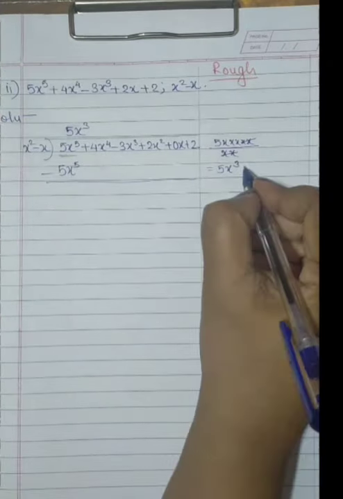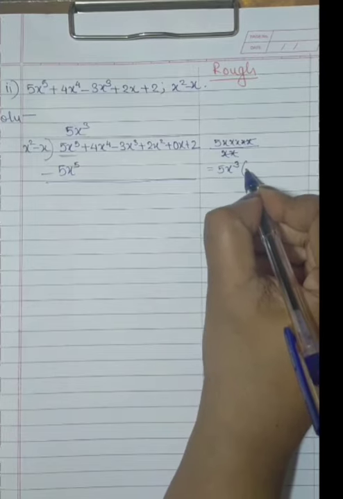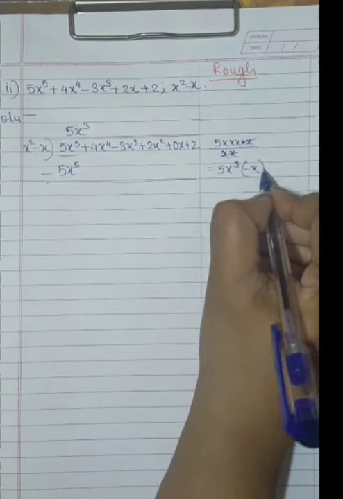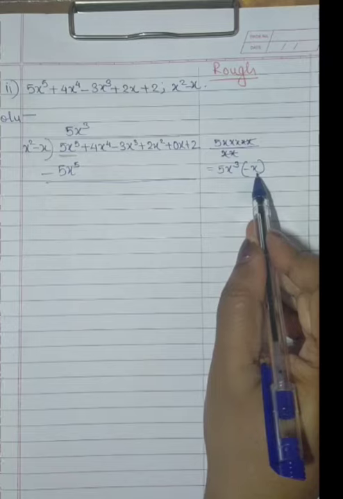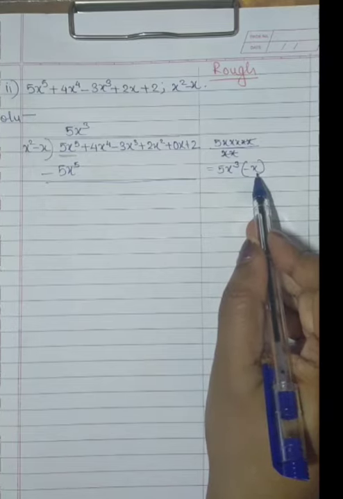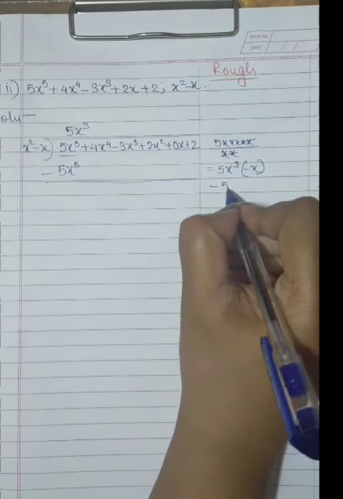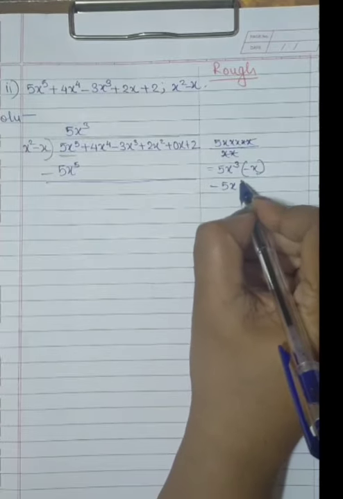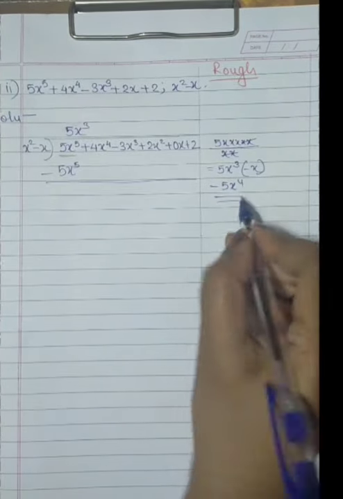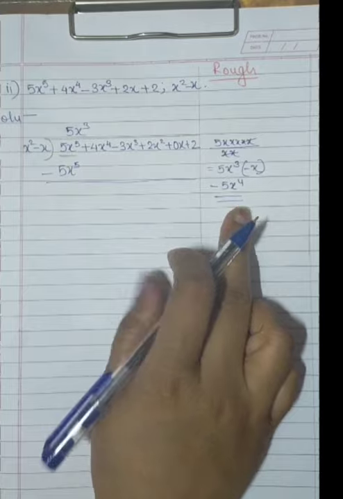So I am doing the multiplication, that is minus x. Then we will get minus 5x⁴.